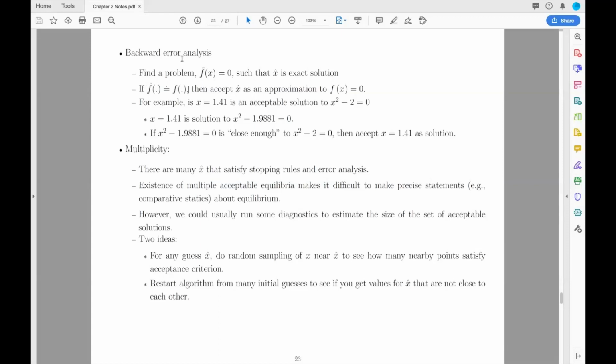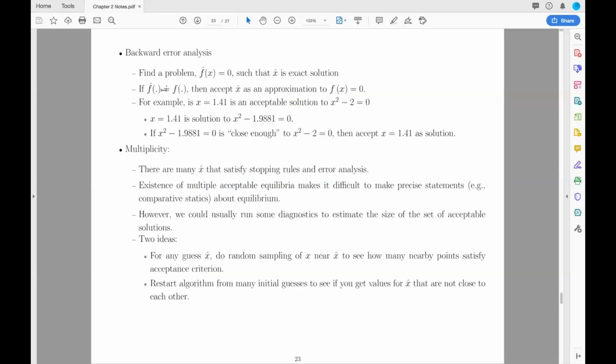So this is true backward error analysis, but that means basically looking at another problem, f hat, which you think is close. By the way, what does close mean? If you have these two functions, what does close mean? In some contexts, you might think, well, it just means like an L2 norm or an L infinity norm.